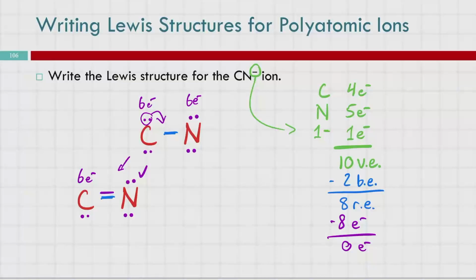So carbon is going to need some more electron action, and it can get that action from nitrogen. So nitrogen can share in one of its lone pairs. And that would look like this.